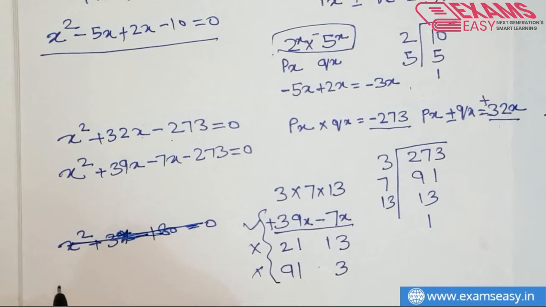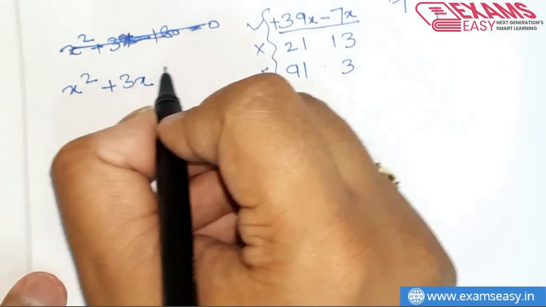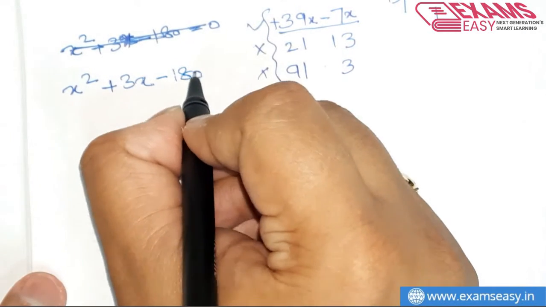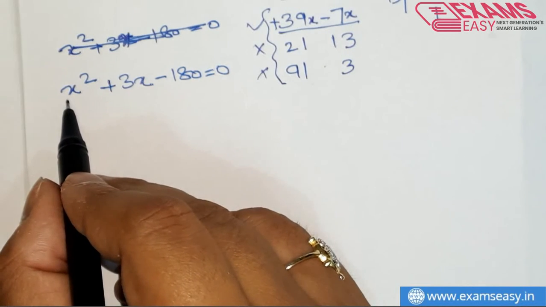Let us take another example. x square plus 3x minus 180 is equals to 0. So in this we want px and qx.